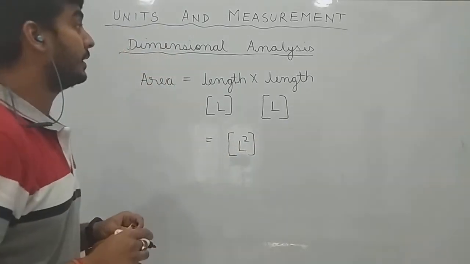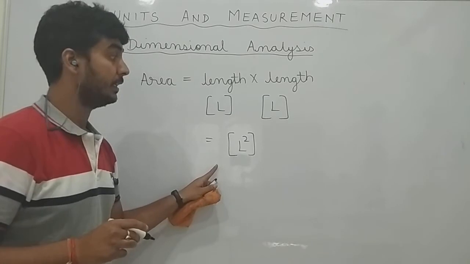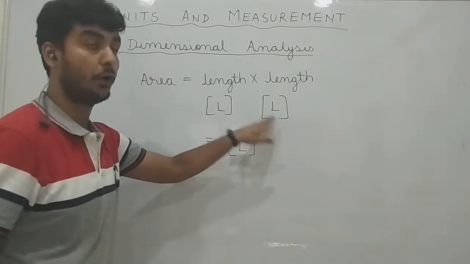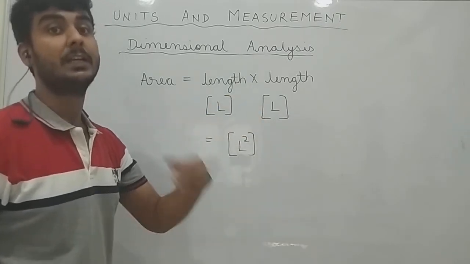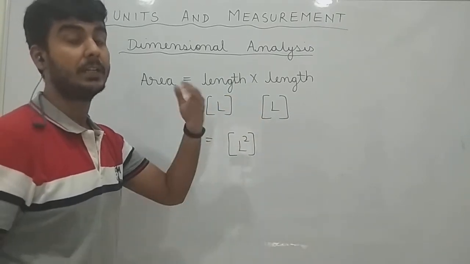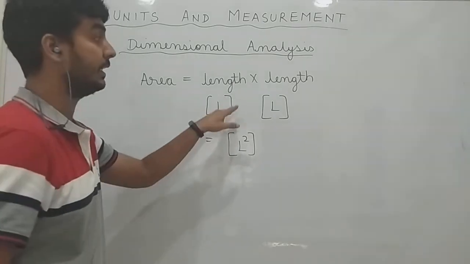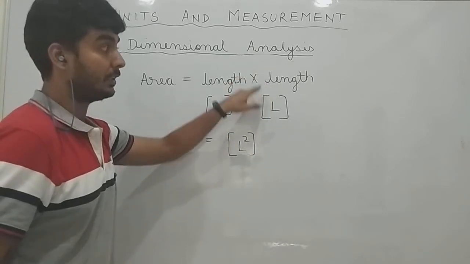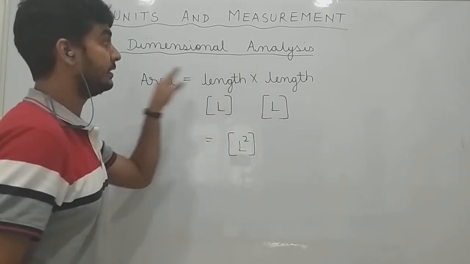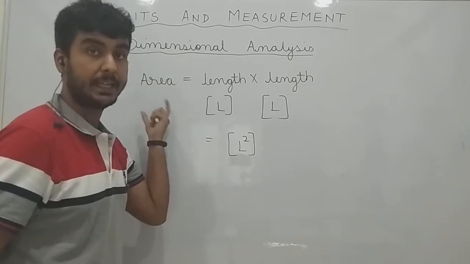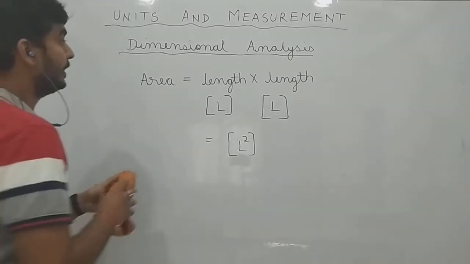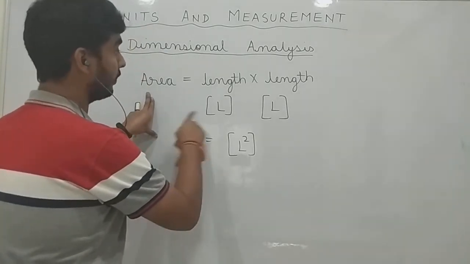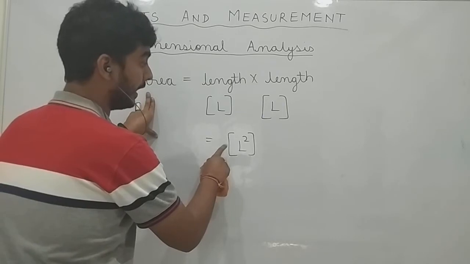Length is a fundamental quantity, and the dimensions of that fundamental quantity are used to represent area, which is a derived quantity. So the dimension or representation for area will be L square.